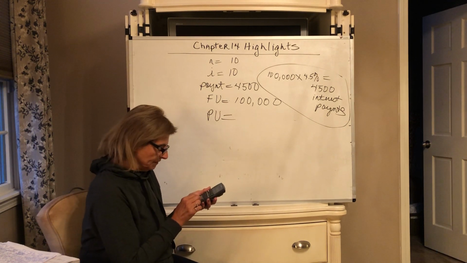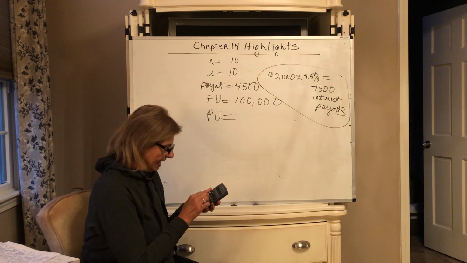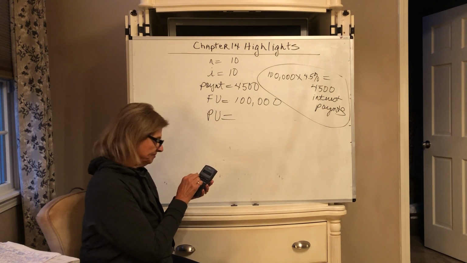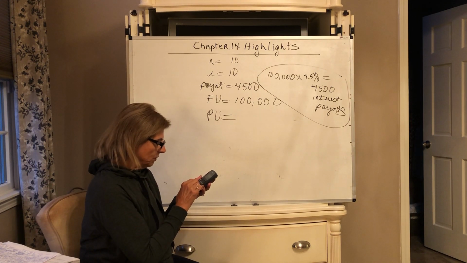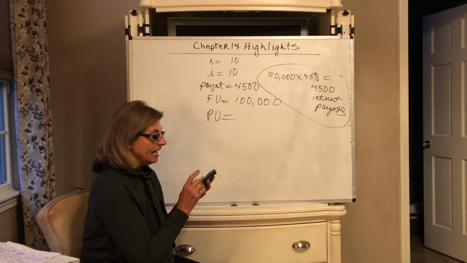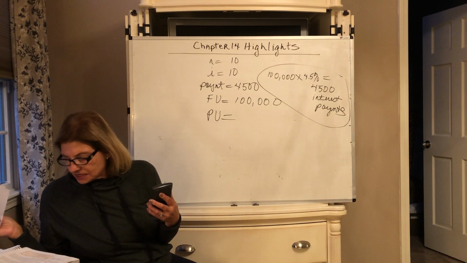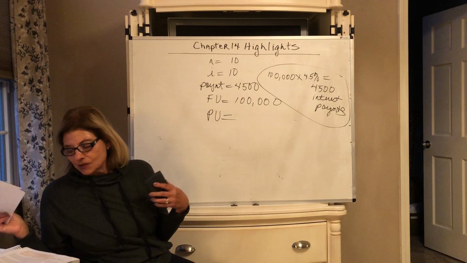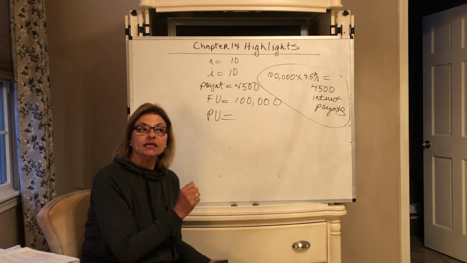And then the future value is $100,000, and you put FV. And then there's a little compute button, which is in the top corner. And then you hit present value, PV. And you get the same 96,000, I got 96,148 and change.